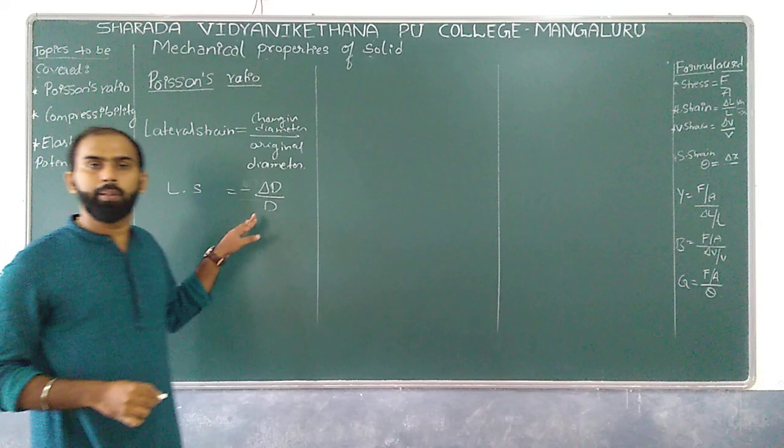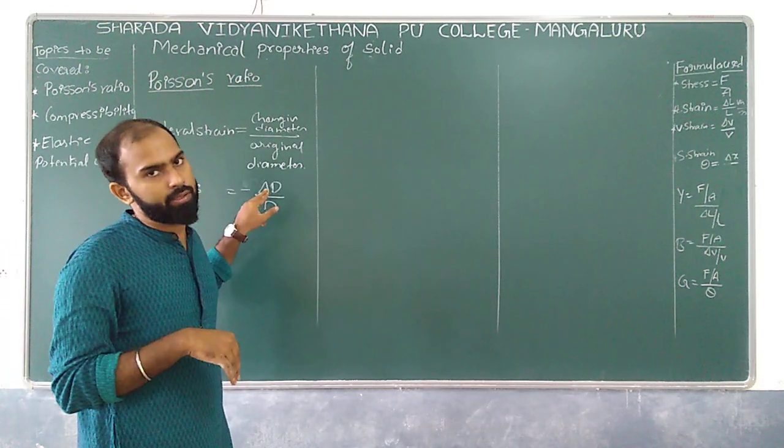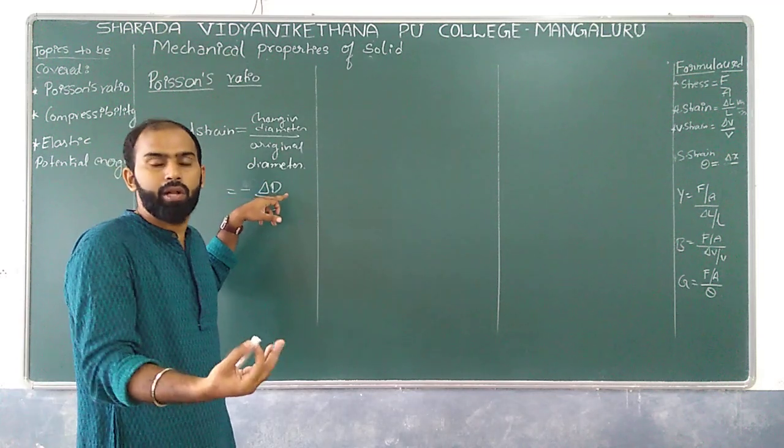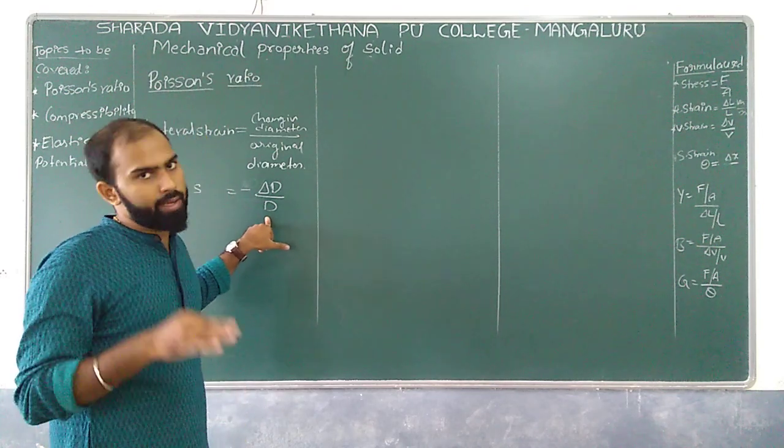What does the minus sign indicate? A decrease in diameter, or decrease in dimension. So delta D is the decrease in diameter, and D was the initial diameter.